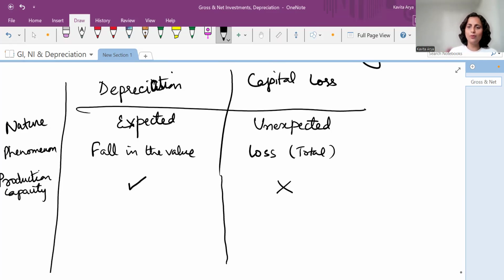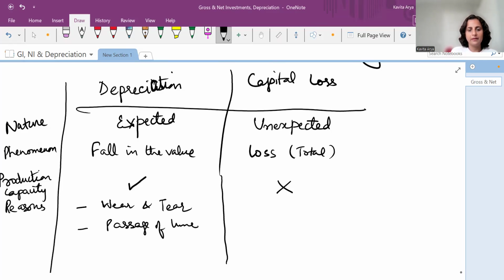Now, the reasons: depreciation happens on account of normal usage, meaning wear and tear, the passage of time, and the expected obsolescence.